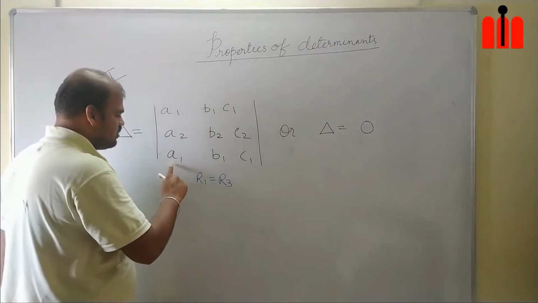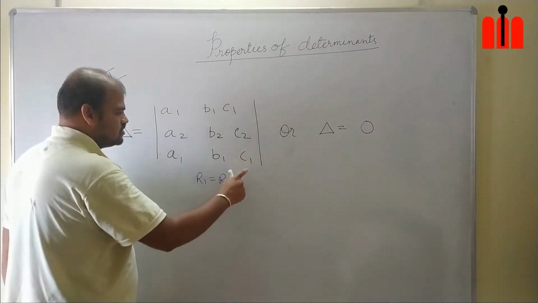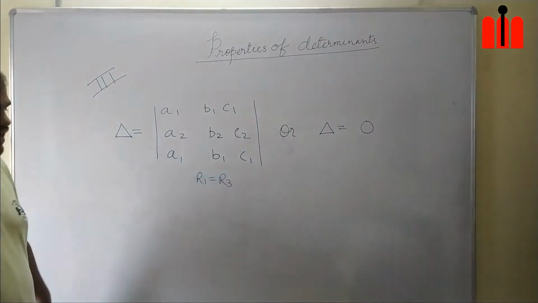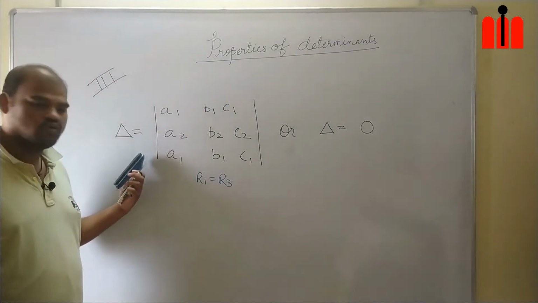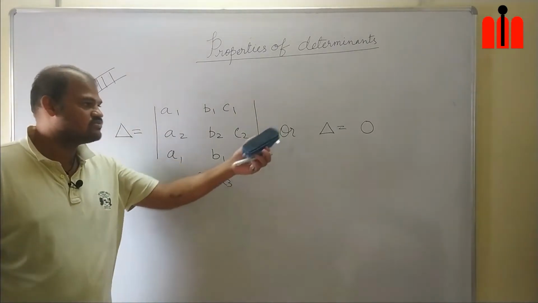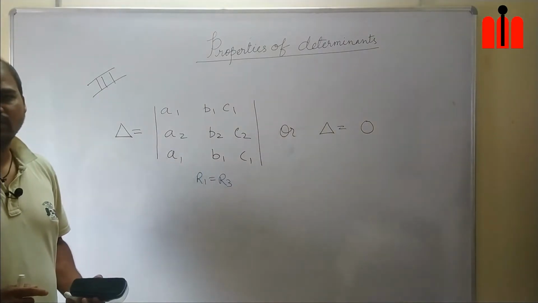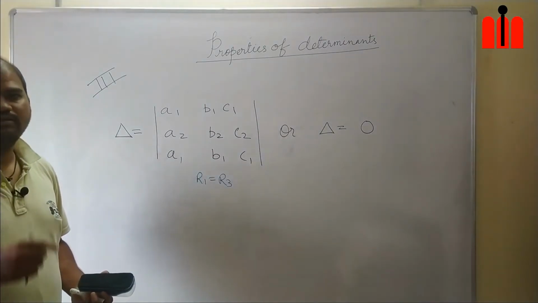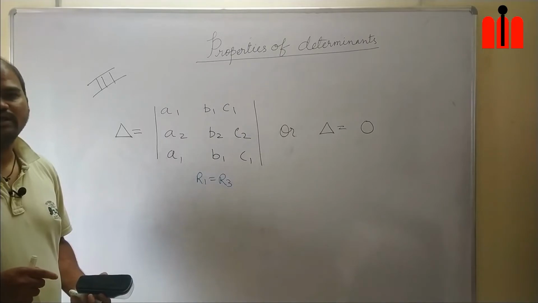So my R3 will be 0, 0, 0, and once you expand through the R3 row, this determinant will become 0. That's why the determinant is 0. For the example, please go through my notes.